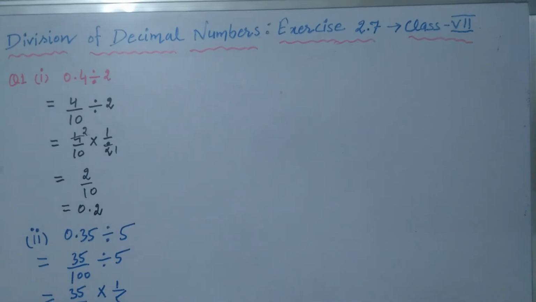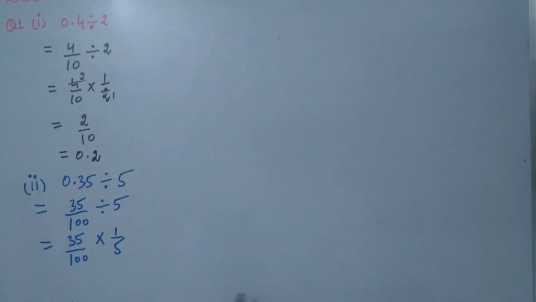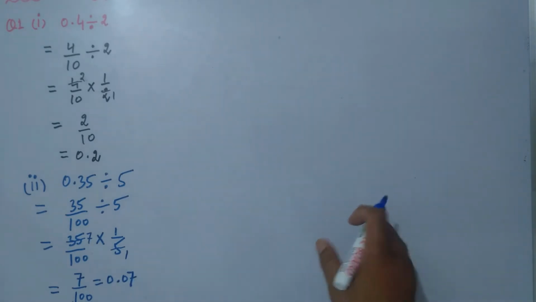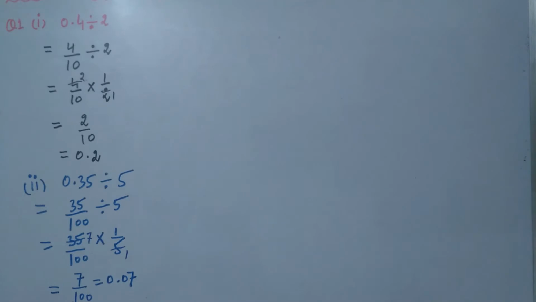So this way further we have 5 ones are 5, 5 sevens are 35, 7 upon 100, answer is 0.07.